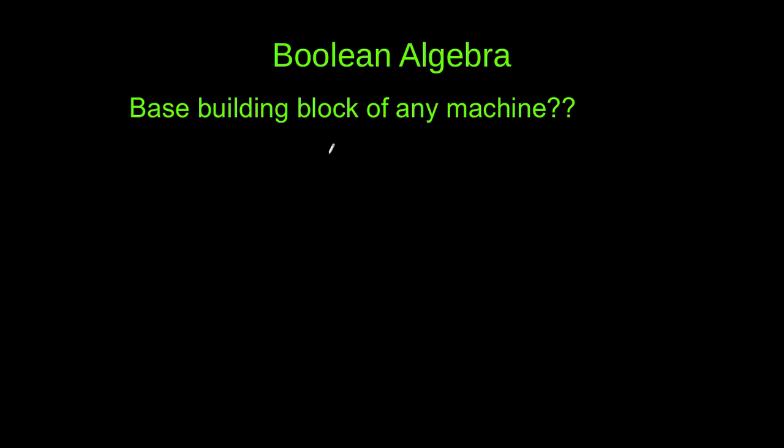So Boolean algebra. Let's see what we mean by that. Base building block of any machine. If I tell you what's the base building block of any machine, electrical device, computer, a CPU, what's the base building block? Remember, we said the base building block of any machine is transistors.